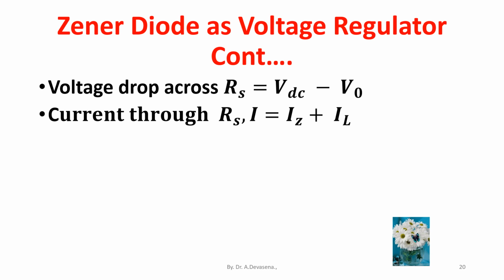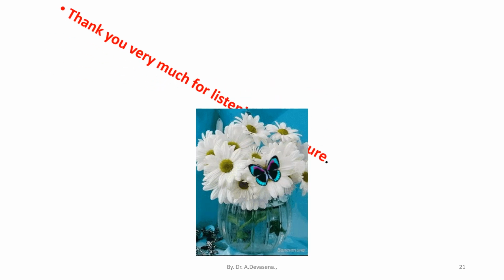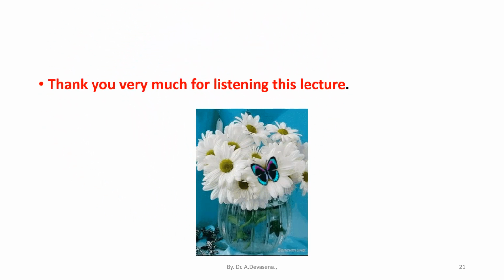Current through the Rs is I, that is equal to IZ plus I suffix L. Now applying Ohm's law, we have R suffix S equal to V suffix DC minus V0 divided by IZ plus IL.